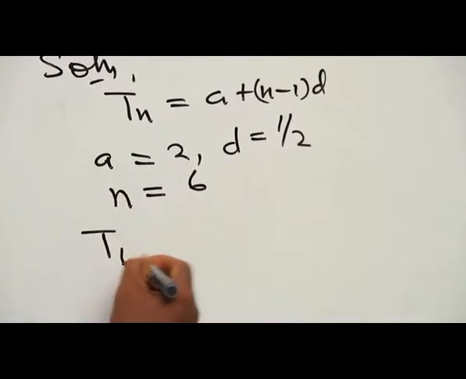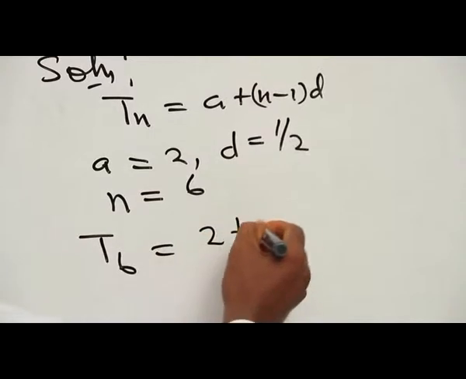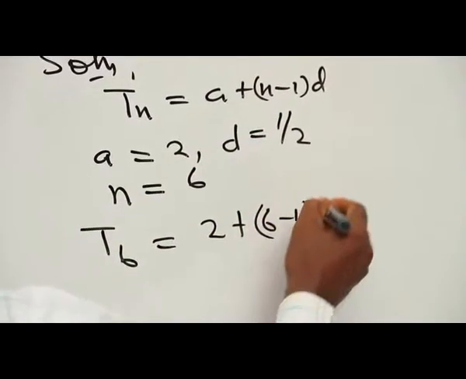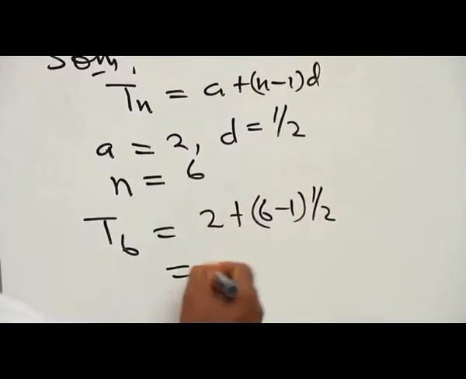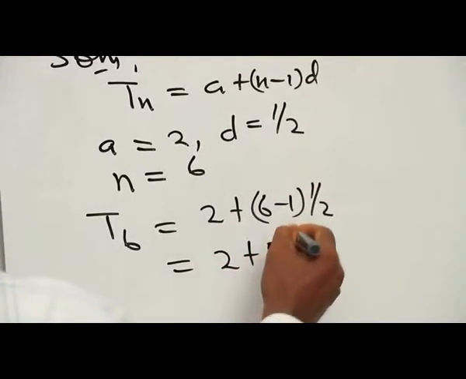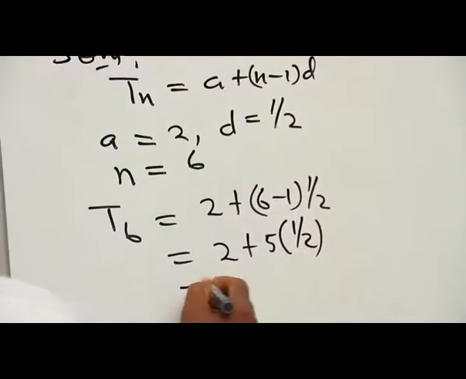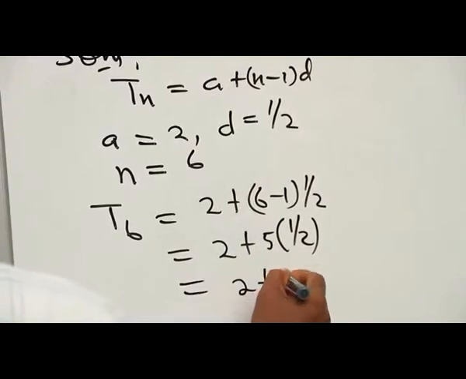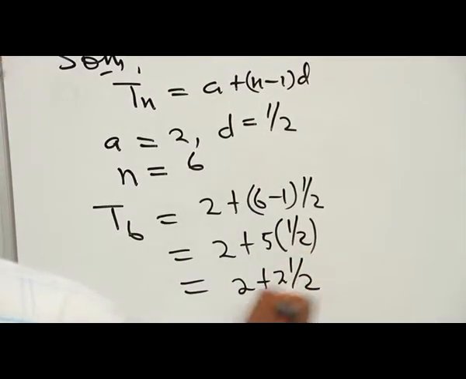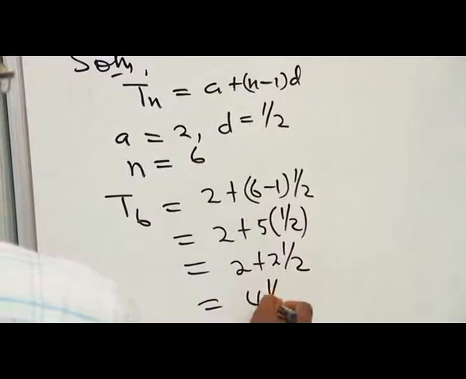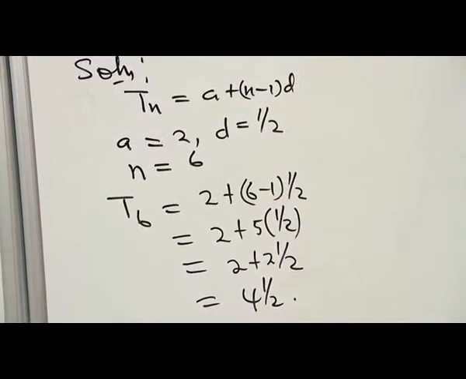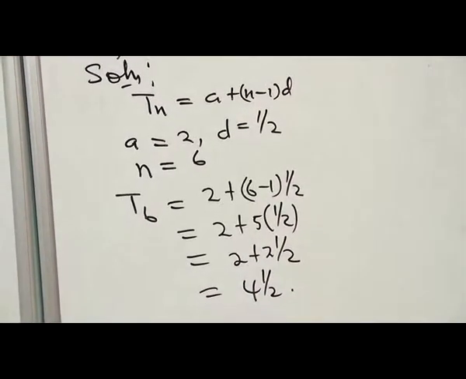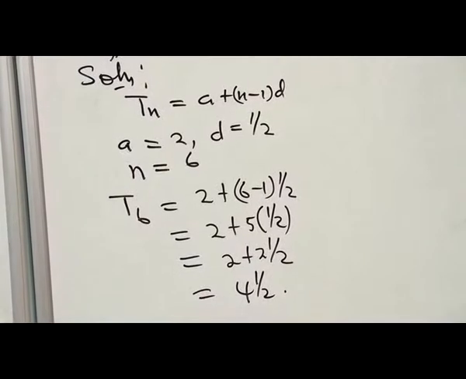So T6 is equal to 2 plus (6 minus 1) times half. The result of this is 2 plus 5 times half, and that is 2 plus 2 and a half, which is equal to 4 and a half. So the sixth term of this progression is 4 and a half.